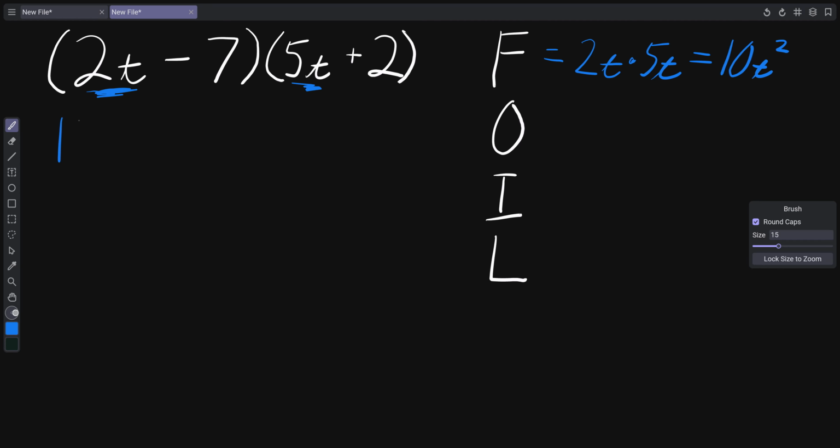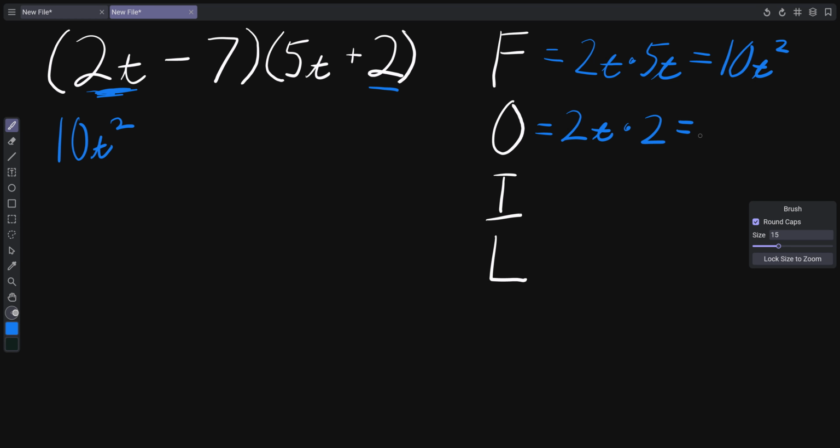So over here I'm going to write 10t squared. Now we'll work on our outer terms, which are going to be 2t and 2. So I'll write that over here. 2t times 2.